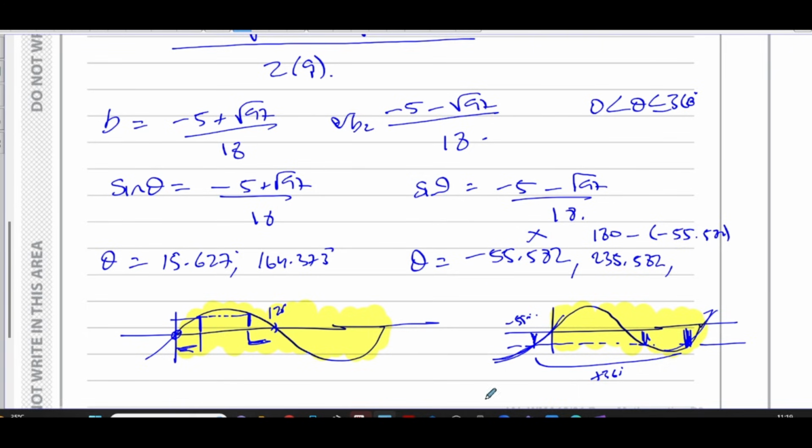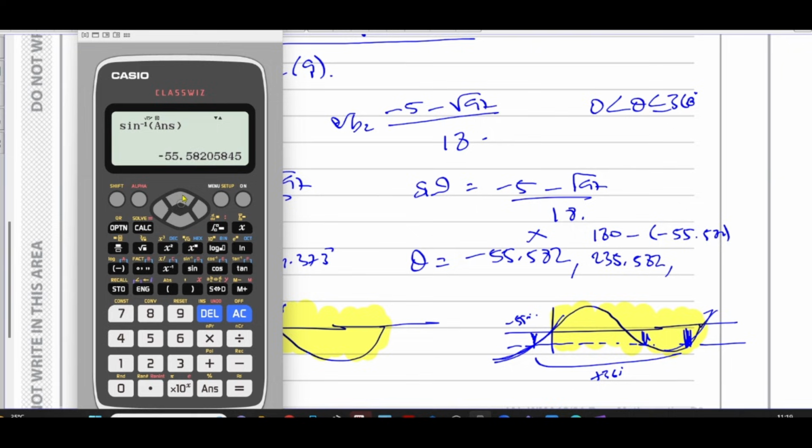So I'm going to take this answer, which was my answer from before. Whoops, what did I do? Let's go back. Okay, so I'll just do it again. Inverse sine of the answer gave us, I've done something wrong, one second. Let me fix that. Okay, so this is our answer.